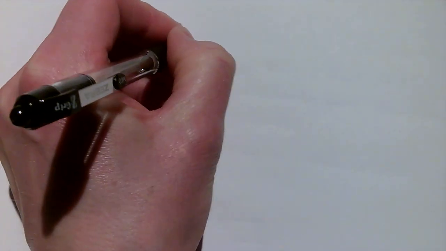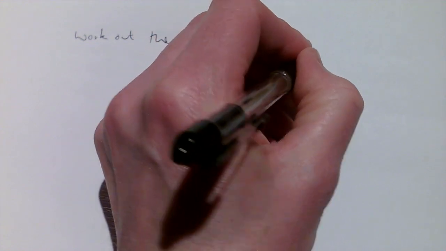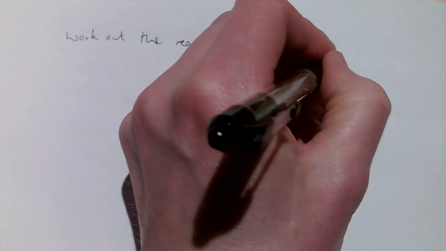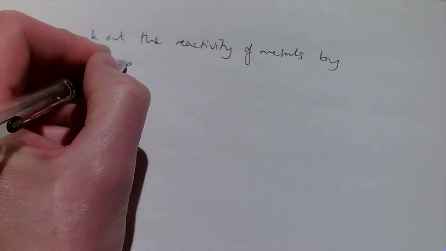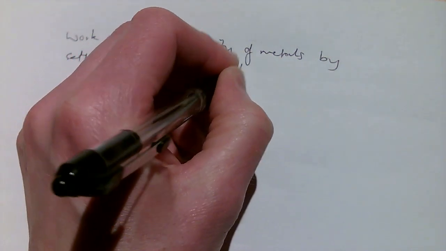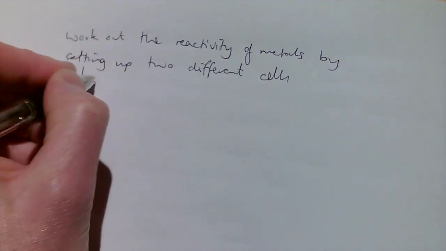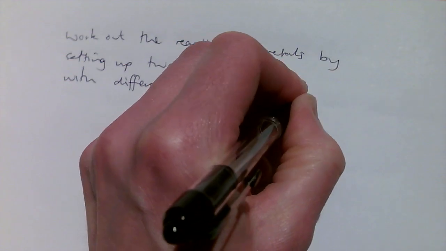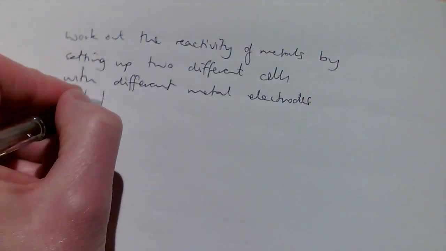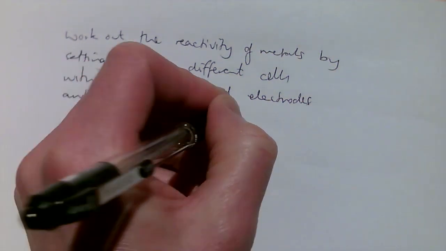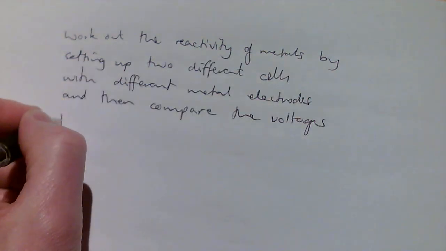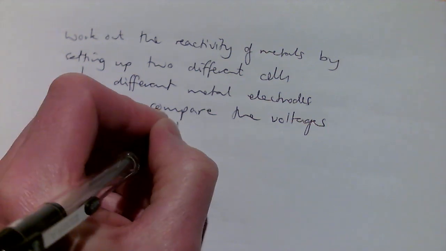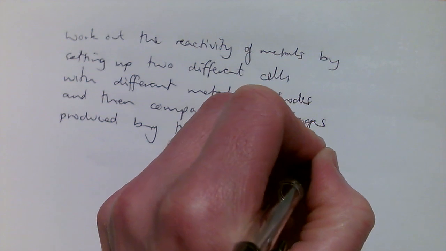We're trying to work out the reactivity of metals by setting up two different cells with different metal electrodes, and then compare the voltages produced by the two chemical cells.